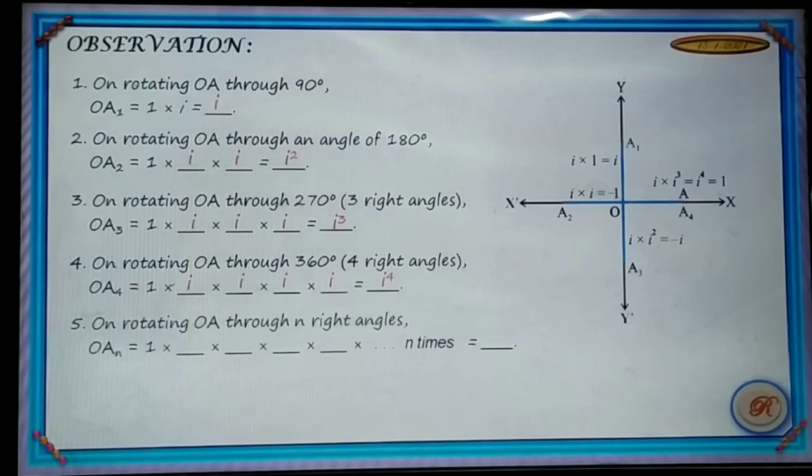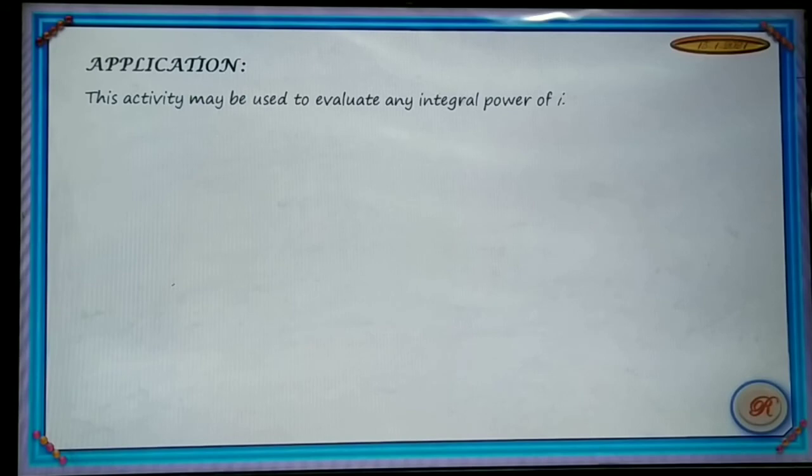On rotating OA through n right angles, OAn is equal to 1 into i into i, n times, is equal to i raised to the power n. Application. This activity may be used to evaluate any integral power of i.